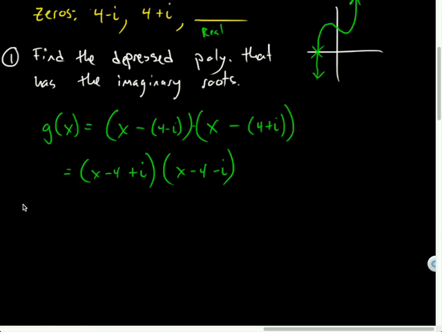Okay, so leave some space. Try to fit it horizontally on your page. And let me just show you kind of the general idea of what I'm going to be doing here. So I'm going to multiply this x times all 3, right? Then I'm going to multiply the, let's see, I guess I'll use yellow, the negative 4 times all 3.